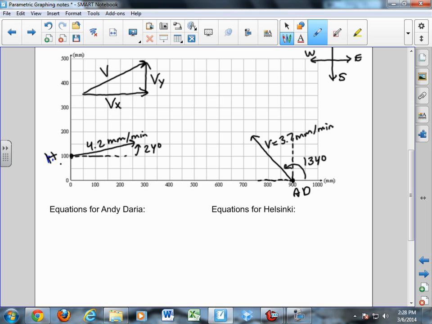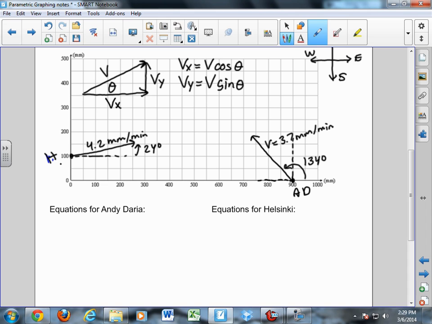So I can say then that cosine of theta would be Vx over V. So velocity in the x direction is going to be the velocity times cosine of theta. And I know that sine of theta is Vy over V, so rearranging that equation, I get the velocity in the y direction is velocity times sine of theta. So now I can use that information to help write the equations here.